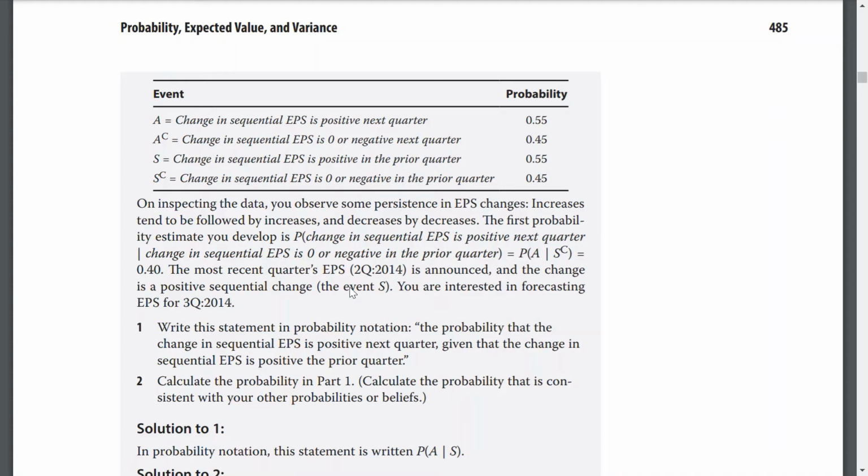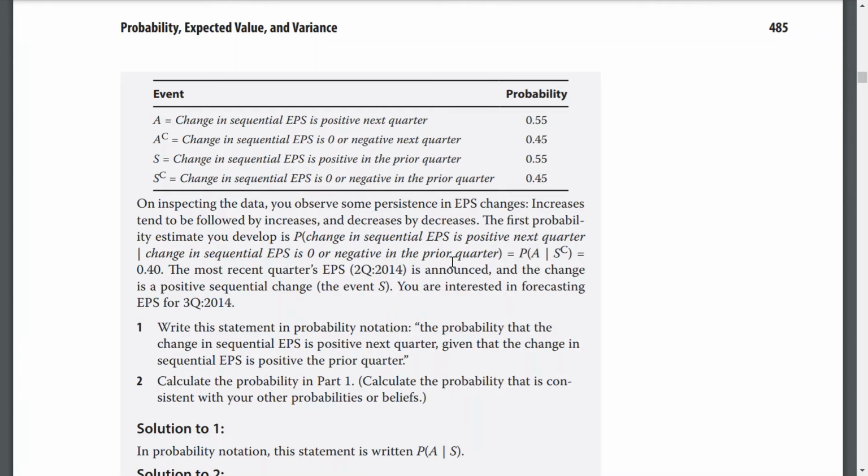So once again, if we look at A plus A prime, we get 55 plus 45, which is 100. S represents that the change in sequential EPS is positive in the prior quarter, and S^C is that the change in sequential EPS is 0 or negative in the prior quarter. On inspecting the data, you observe some persistence in EPS changes.